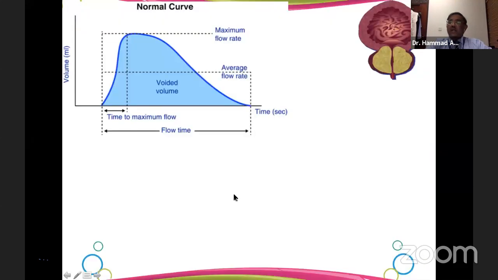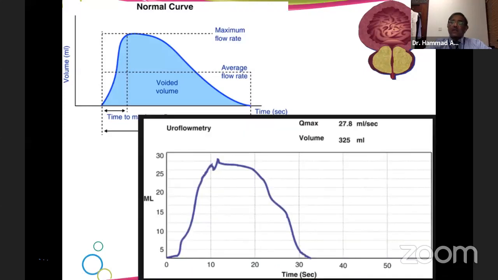Uroflowmetry is a very vital test in defining obstruction, because if you do not have obstruction and you just start them on alpha blocker or 5-alpha reductase inhibitors, etc., it will not work. You need to define if there is an obstruction, and that is done by uroflowmetry, which is a very simple test in which the patient is asked to pee, and various flow patterns would indicate what kind of problems the patient may have.